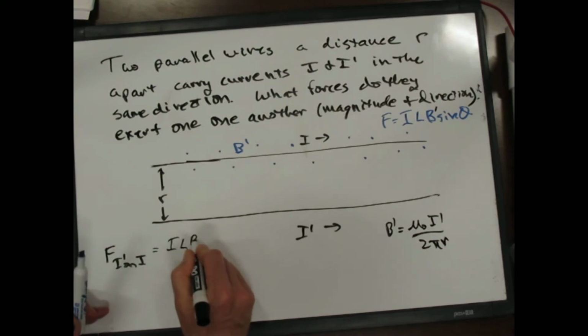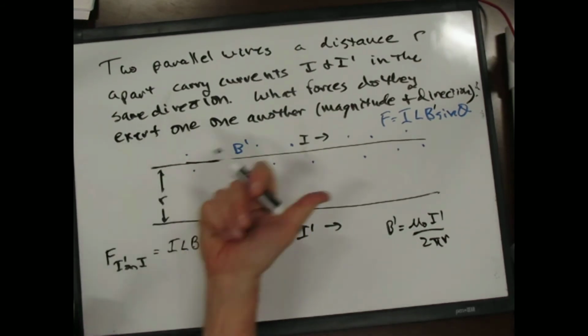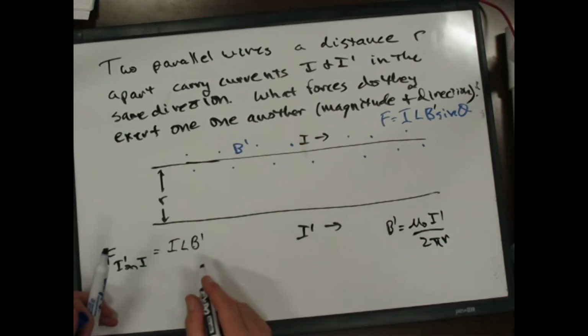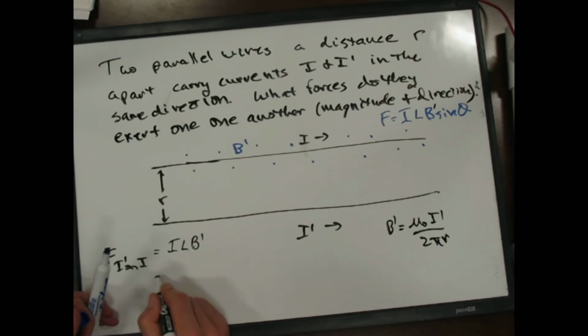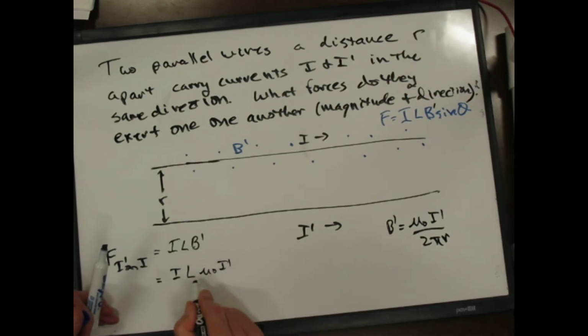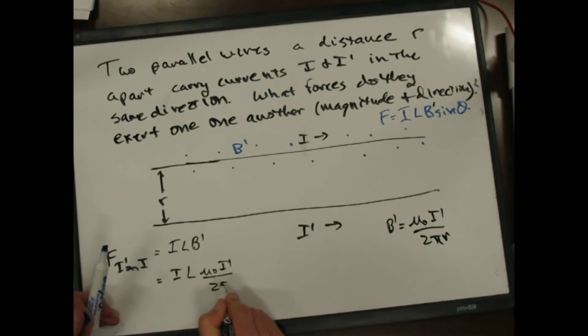I L B prime. And since the current is that way and the magnetic field is this way, they're at 90 degrees, the sine of theta is just 1. And so this gives me I L, and then B prime is mu naught I prime over 2 pi r.